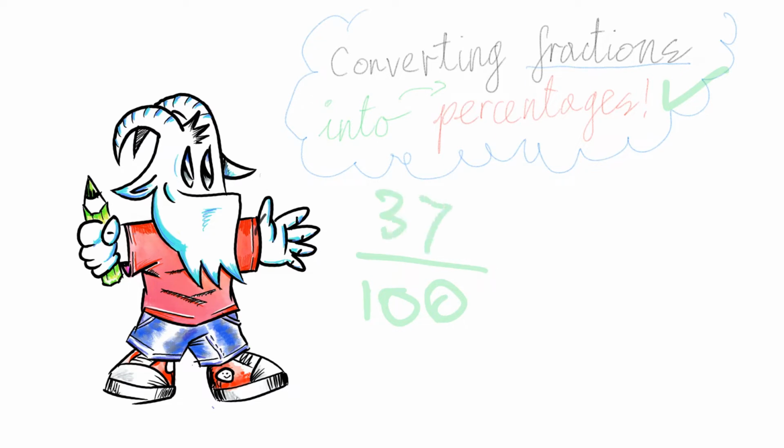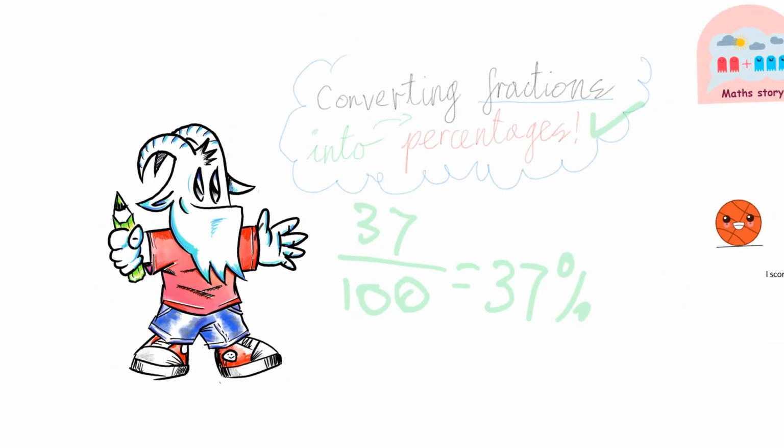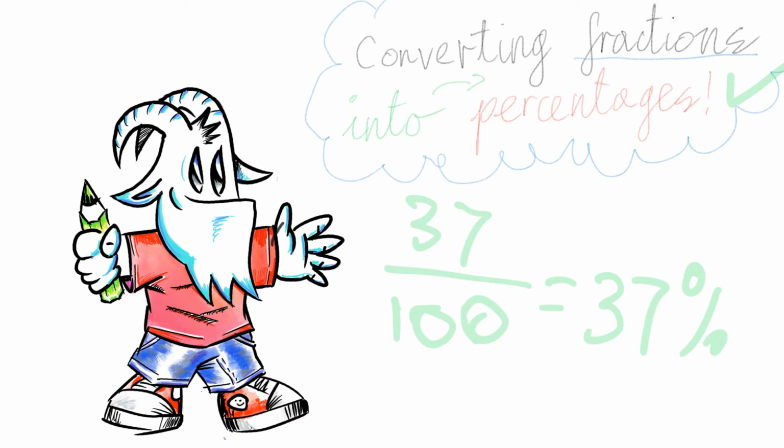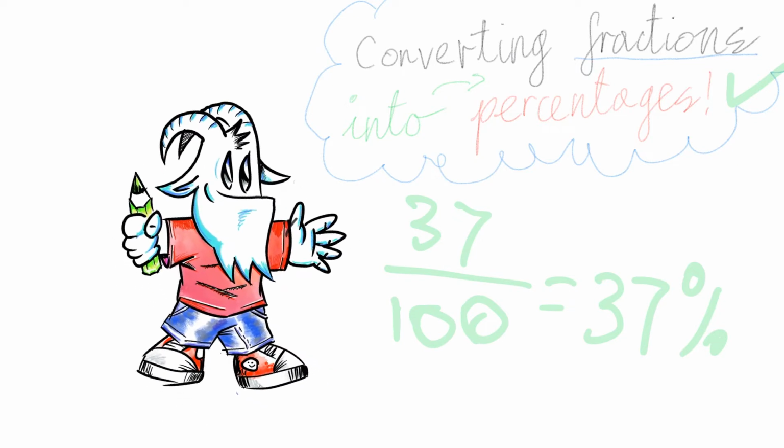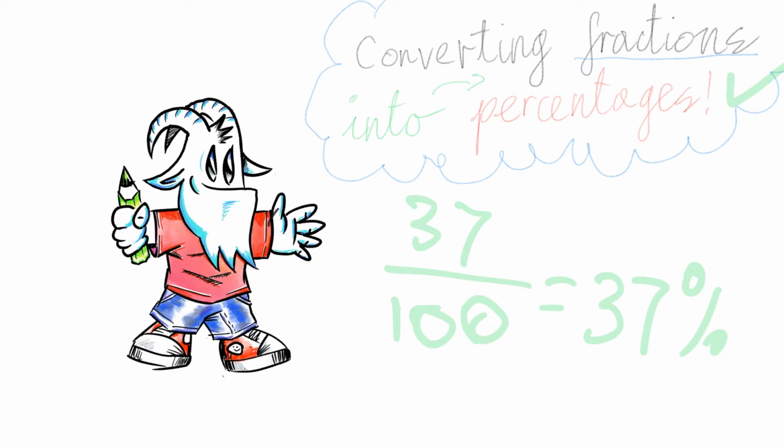I just take the numerator, and that's going to be the number of my percentage. However, not all fractions have the denominator of 100. What would happen if I had a fraction where the denominator was not 100?